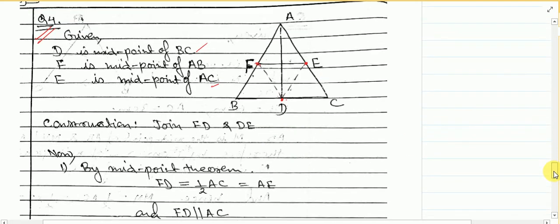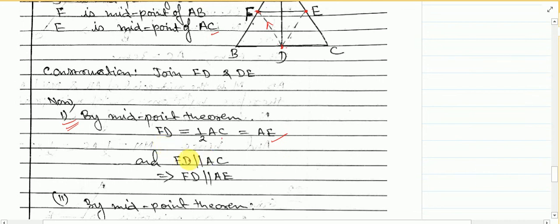Now by the midpoint theorem you will observe that FD will be parallel to AC, because D and F are midpoints, and FD will be half of AC. So FD will be half of AC, that is AE, because E is the midpoint of AC, and FD will be parallel to AC, that means FD will be parallel to AE.